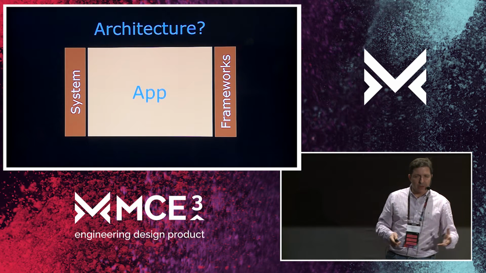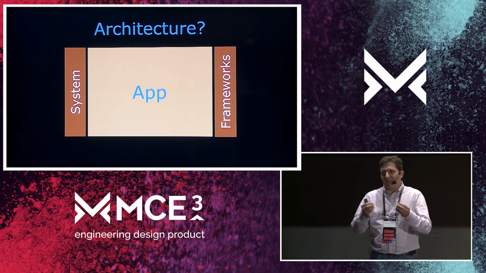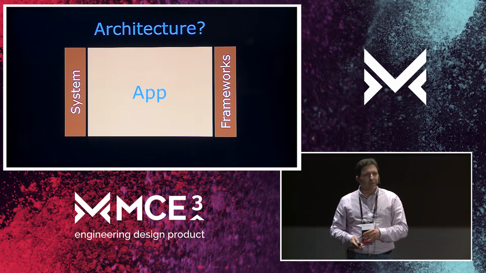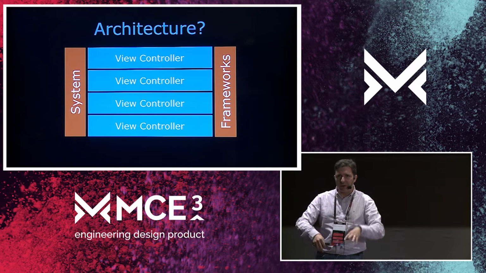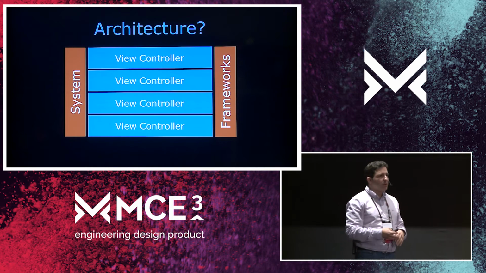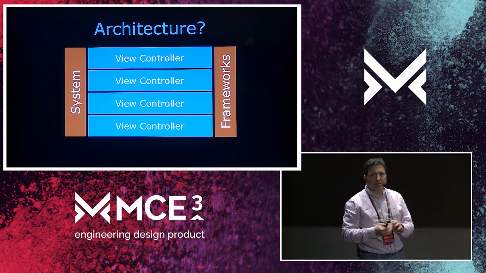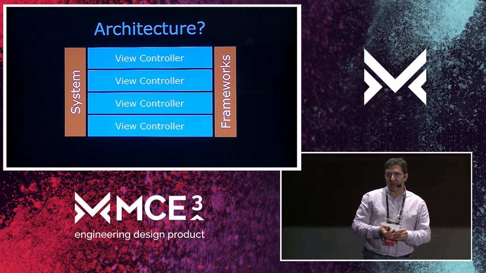This is really poor. By itself, that's no architecture. Instead, people think that by having different view controllers, or activities if you are using Android, that's somehow an architecture. And I completely disagree with that.